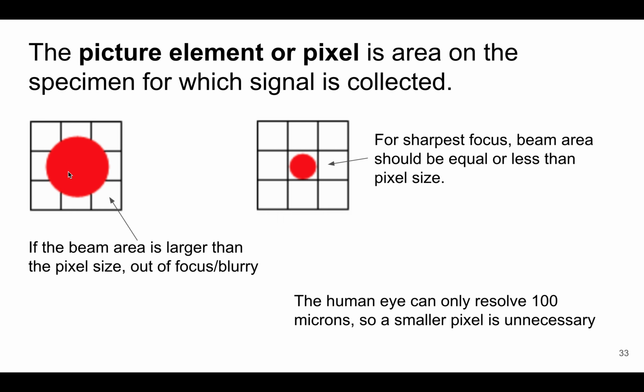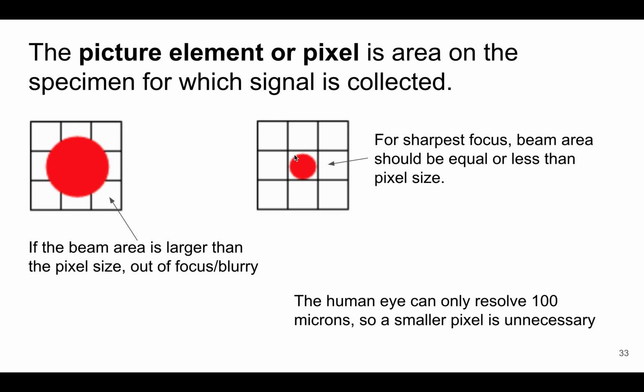When that happens, if we're getting signal from a larger area than just the one pixel, then the image becomes blurry and out of focus. So we need to adjust our beam diameter such that it fits within the pixel size or is smaller. That way we can resolve each pixel.